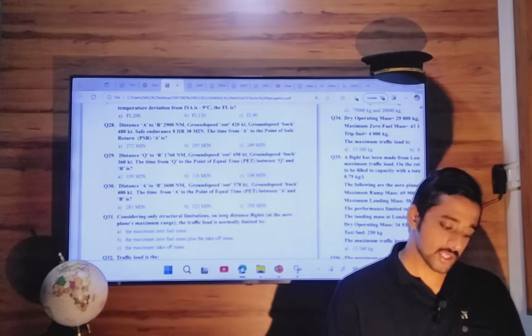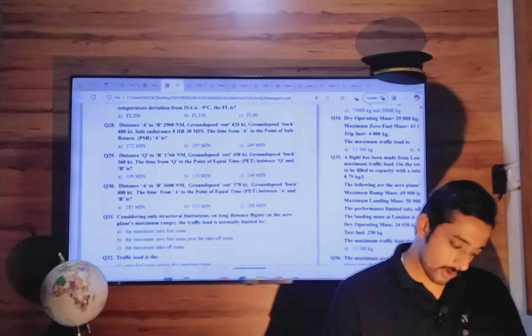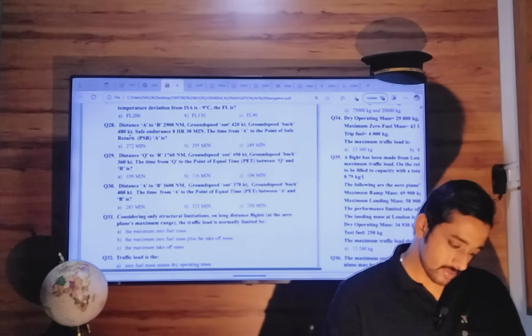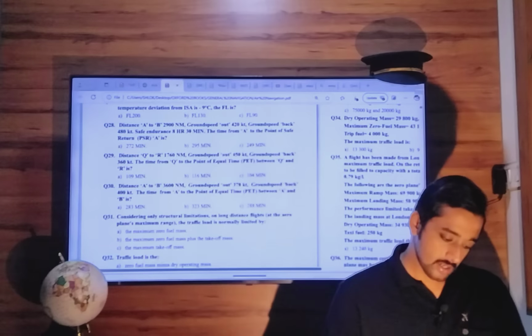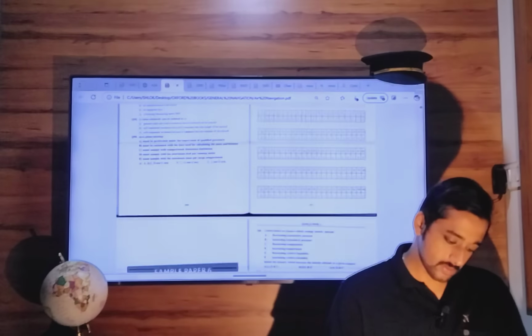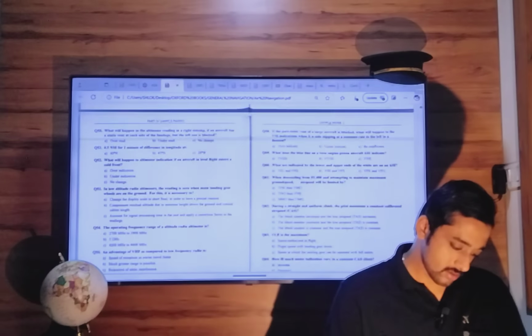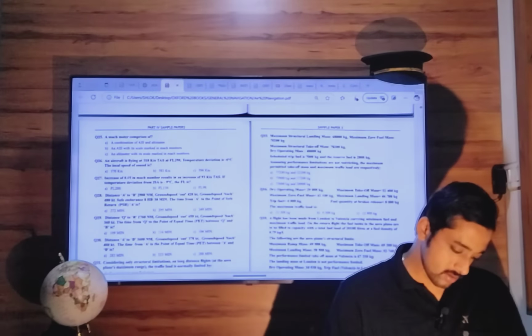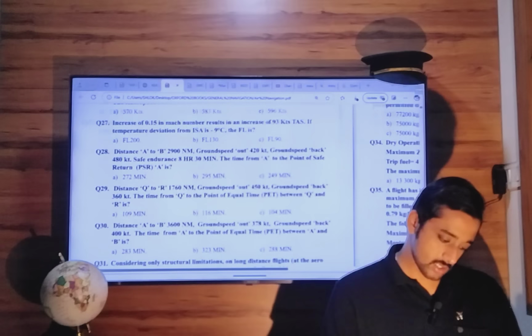So here the values are ground speed outbound 420, ground speed back 480, safe endurance time from A to point of safe return is 272 minutes.